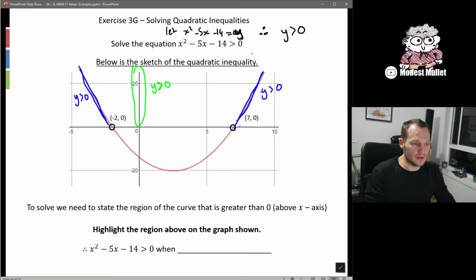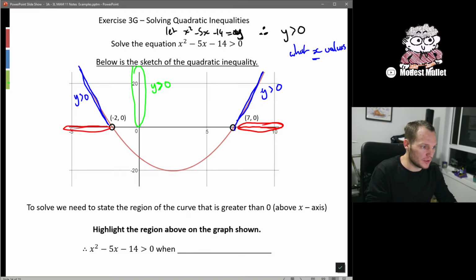The next question, the original question that we asked for, was what x values make this occur. Okay? So we need to now read off, and this is where there's this weird transition. We want y greater than 0, but what are the x values that give me a y greater than 0?